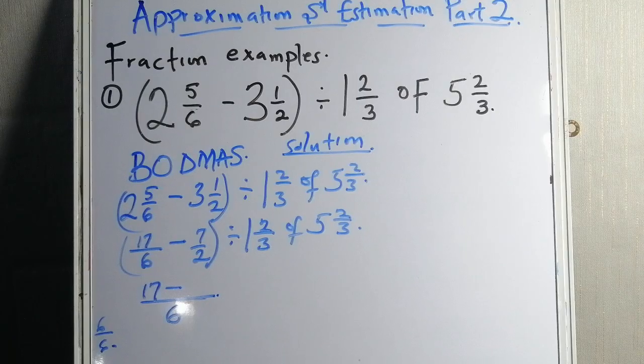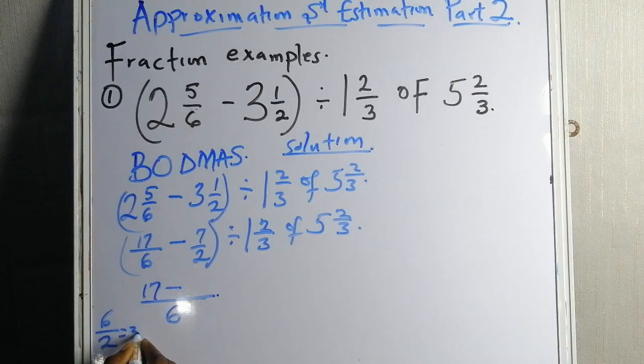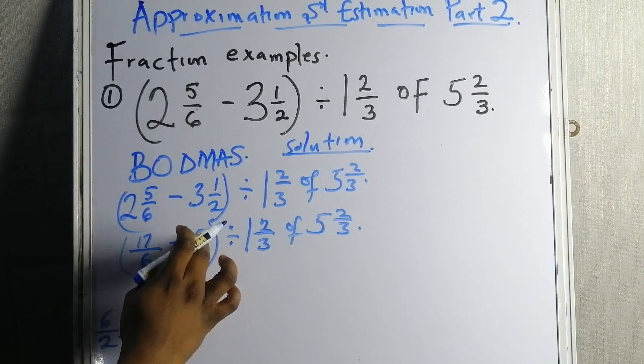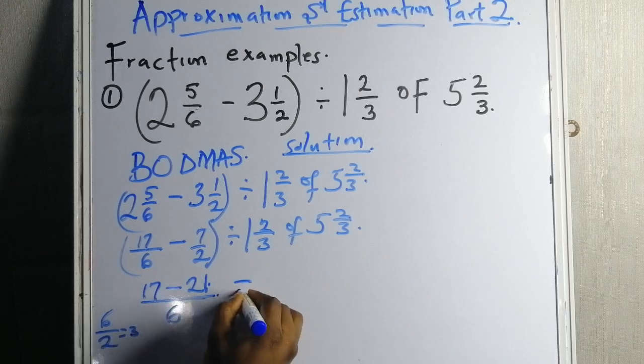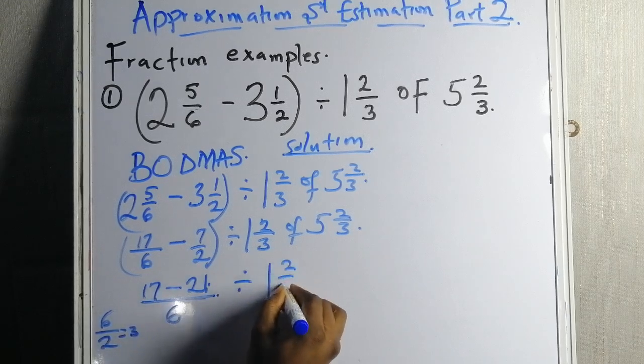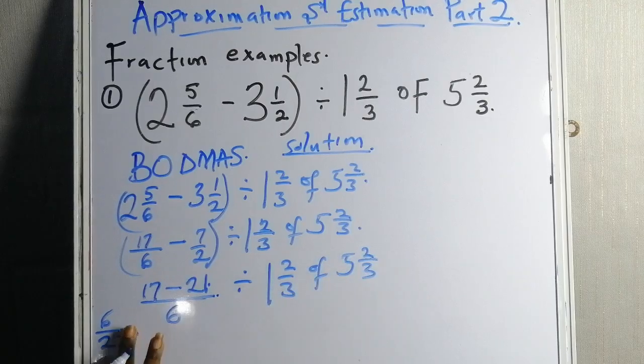For the next division, which is the one for 2, please don't miss it out. 6 divided by 2 is 3. So 3 times 7 is 21. Divided by 1 and 2 over 3 of 5 and 2 over 3.